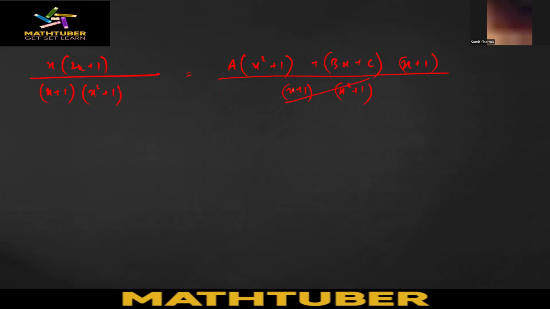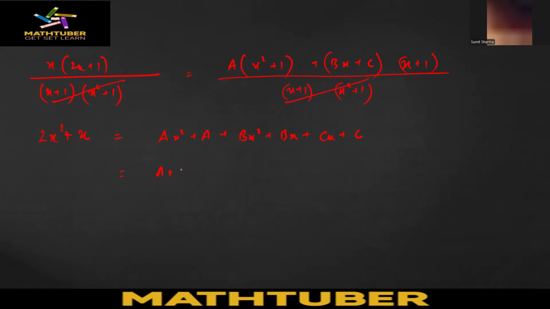So you can see this whole will be cancelled, and you will get 2x square plus x equal to ax square plus a plus bx square plus bx plus cx plus c.